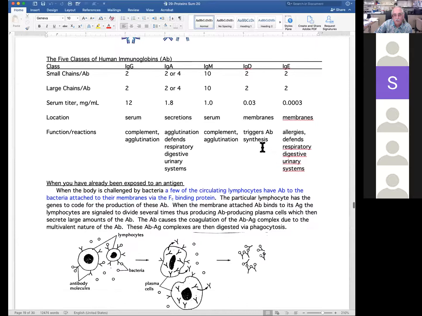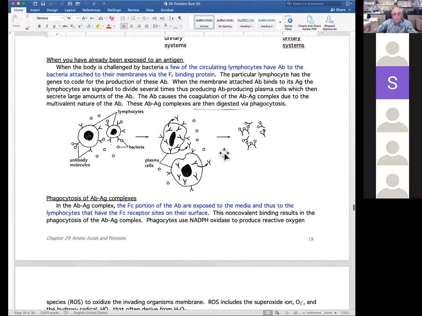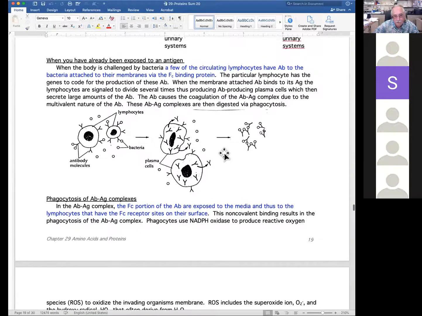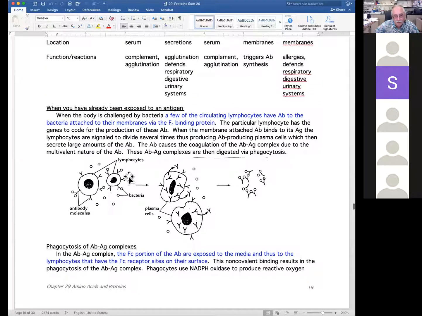And you should know what blood complement is. Actually, pretty darn important. So the Fc portion of the antibody, people seem to ignore. They only care about the antigen binding sites, but the Fc portion is just as important.